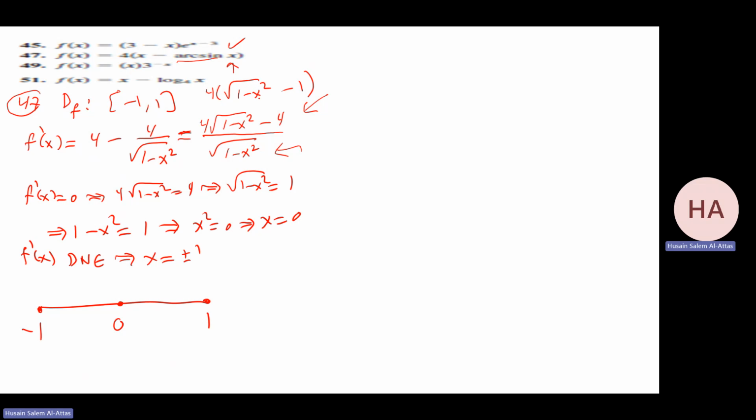So 1 minus 1/4 is square root of 3/4, which is less than 1. So minus 1, that will be negative. So I have negative, negative. So it's decreasing from -1 to 1, since everything is defined. Okay.